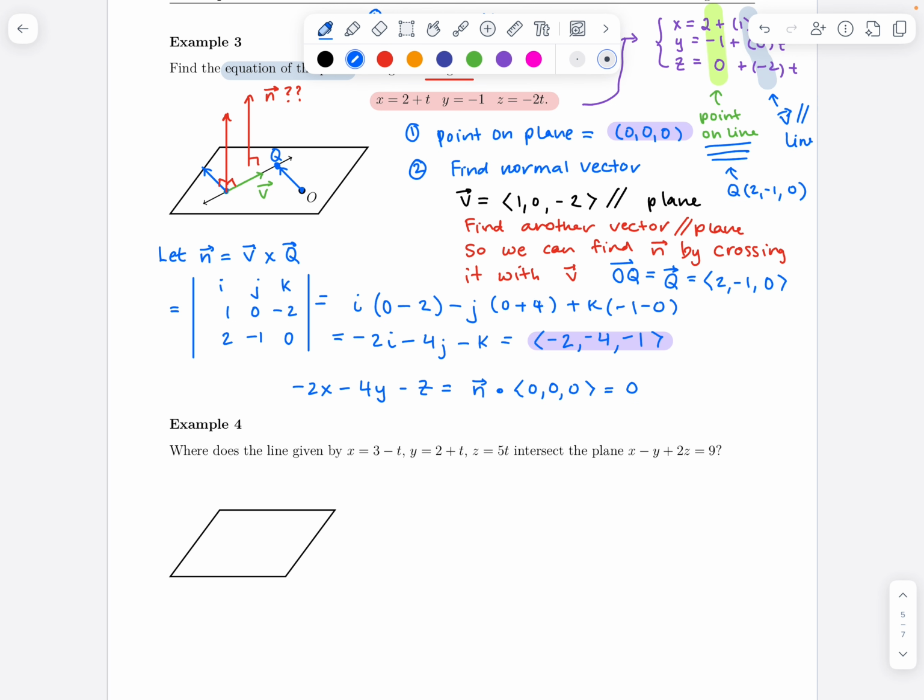So we don't even need to bother doing the computation because I would multiply corresponding components and add them up, but because there's the 0 in each of those products of corresponding components, that would cancel. And so this tells me that my final equation is negative 2x minus 4y minus z equals 0. And that is the equation of my plane.